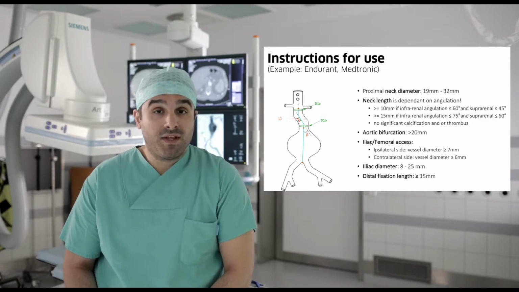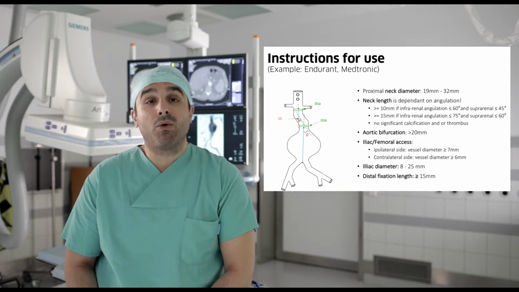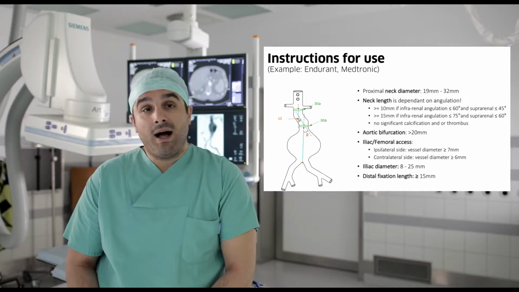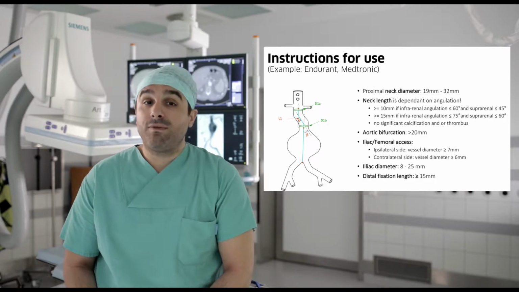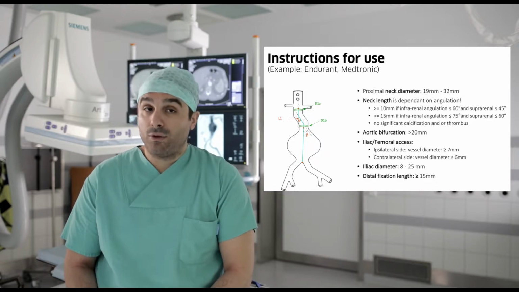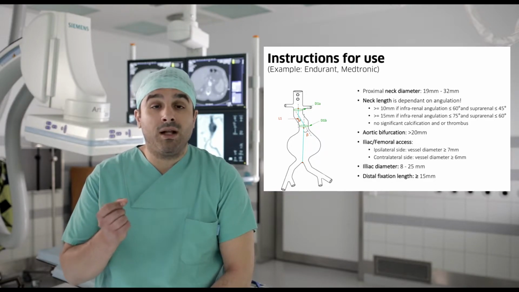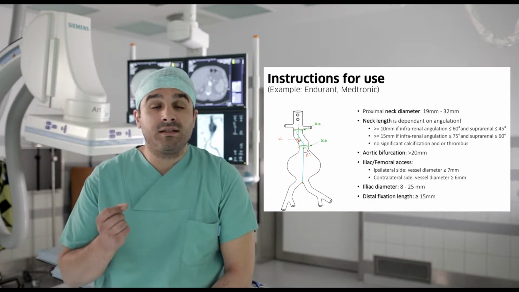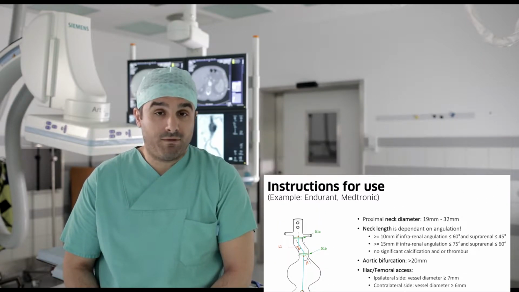The diameter of the aortic bifurcation should be more than 20 millimeter. The iliac and femoral axis should be friendly for your implantation, the iliac diameter, and of course, you have to implant your devices on a distal fixation length more than 15 millimeter.